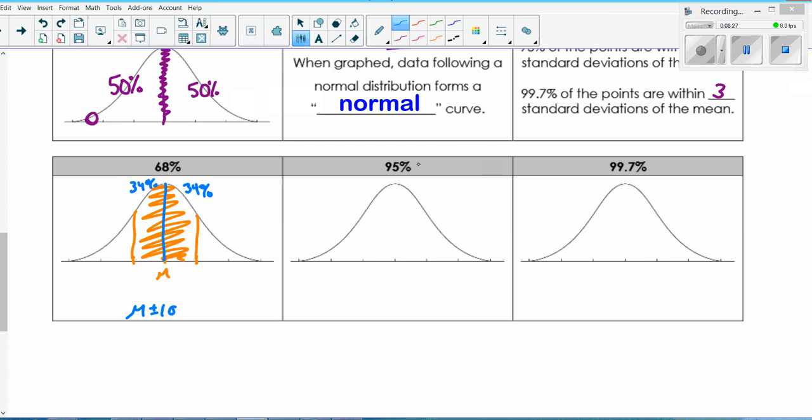Okay, when we talk about 95%, here's my mean again, so it's always in the middle. There's 1 standard deviation, 2 standard deviations, 1 standard deviation, 2 standard deviations. So if I follow this straight up and this straight up, and then same with this, that means I have half of that 95% here and half of that 95% here.